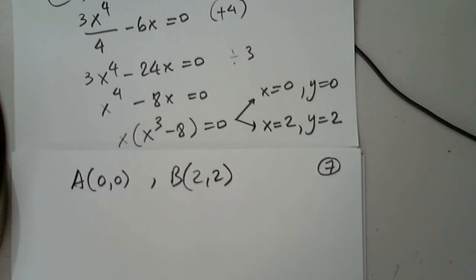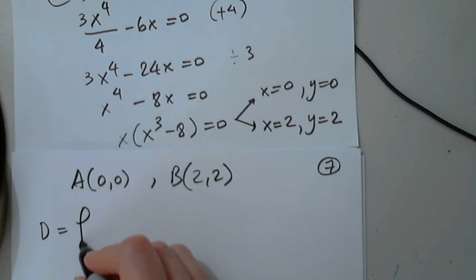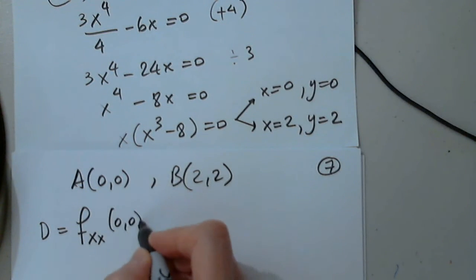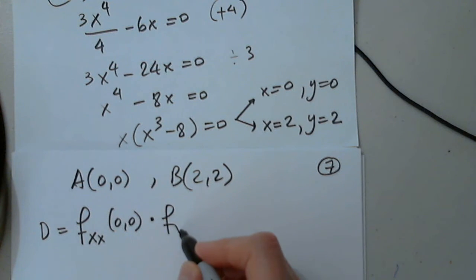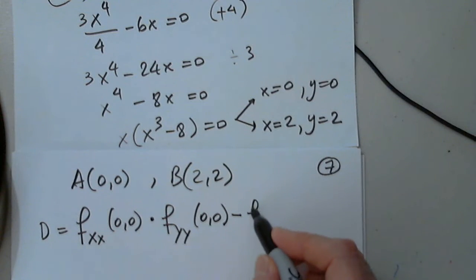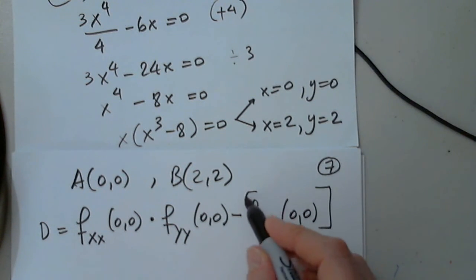Now, here is what we need to calculate in the D test. The D test for each point has the following formula: fxx at (0, 0) multiplied by fyy at (0, 0) minus fxy at (0, 0) squared.